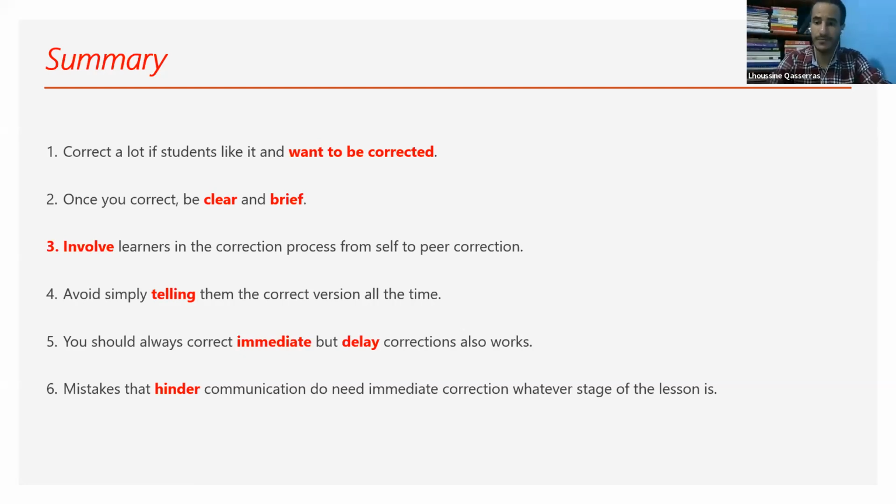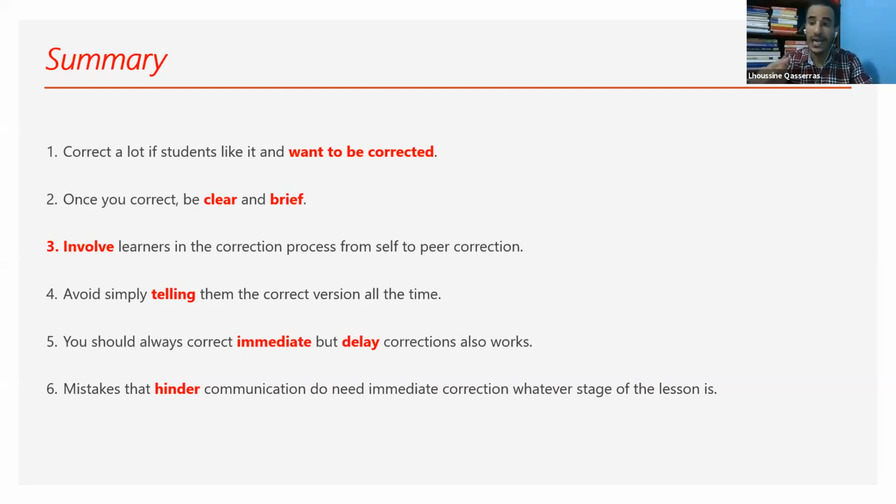Number five, you should always correct immediately, but delayed correction also works. You can correct immediately when communication is broken, when the message is not clear, when it is accuracy based, when the student is making a lot of mistakes.